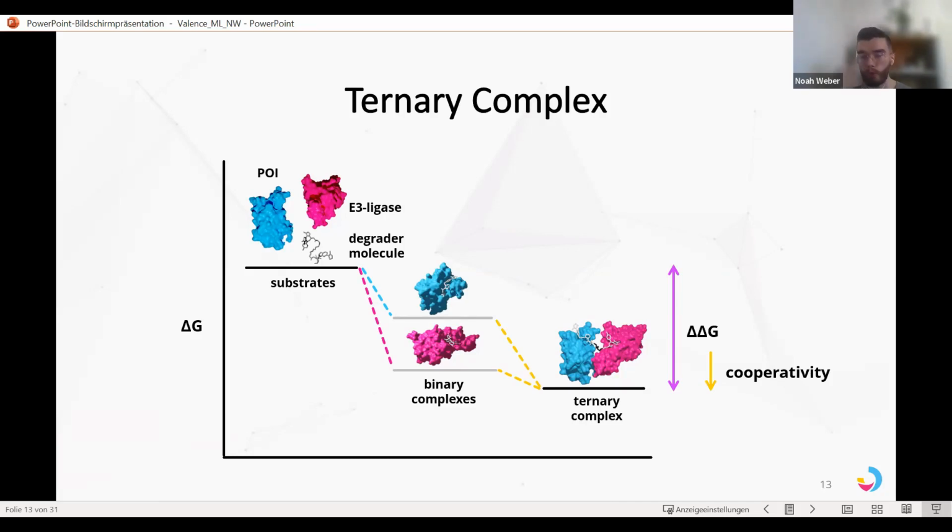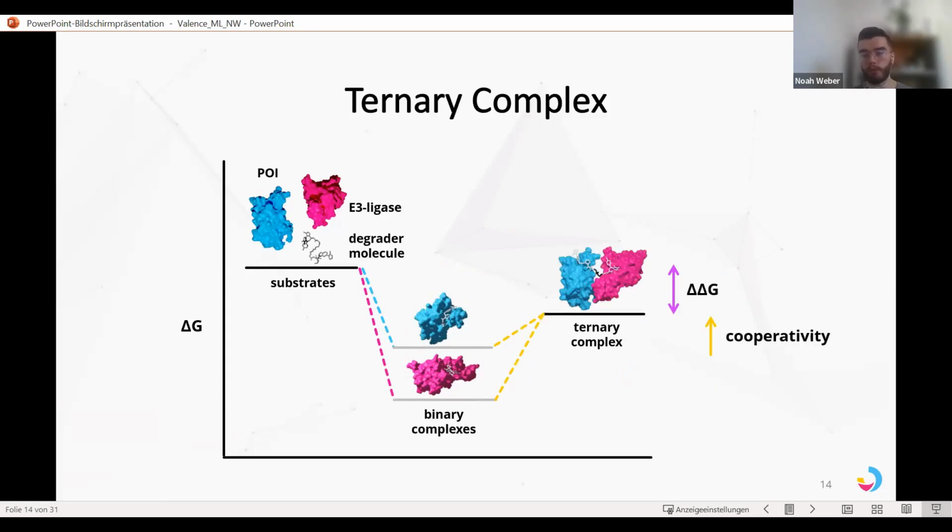What we don't want to happen, and what must be avoided, is that the delta G will then increase after the state of the binary complexes, and this is exactly something that's tricky when trying to infer or model ternary complexes with respect to the binary complexes.